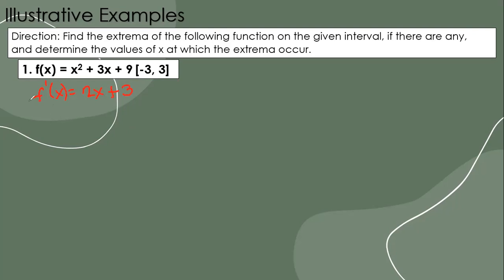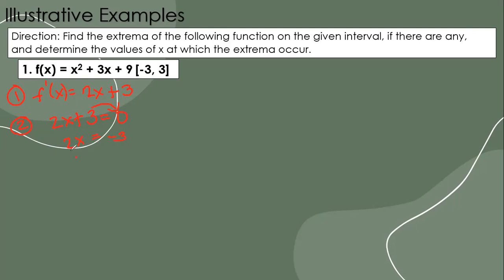Okay, so that is the first step. Second step, 2x plus 3 equate to 0. Okay, find the x. Okay, so 2x is equal to negative 3. So nilipat ko yung positive 3, naging negative 3 sa kabilang side ng equation.